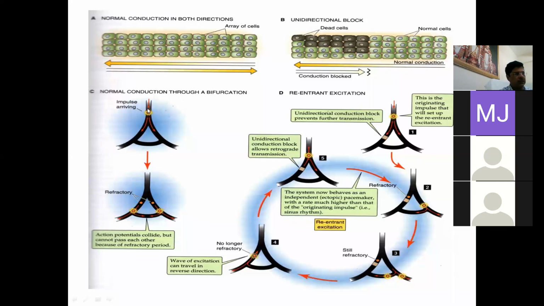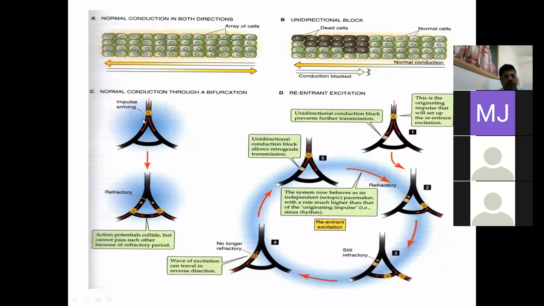This is a pathway which is branching into two, and the two branches are also connected. So you have one bundle giving off two branches, and the two branches are also connected. So this is the anatomical arrangement.